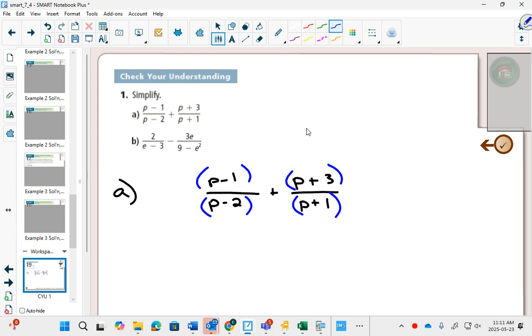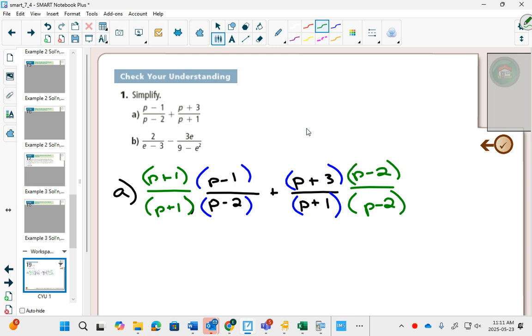So in this first fraction, it doesn't have a p plus 1. So I'm going to write, good in green, p plus 1 down here, but then I would also have to multiply by p plus 1 on the top. The second one doesn't have a p minus 2. So I'd write that factor on the top and the bottom there.